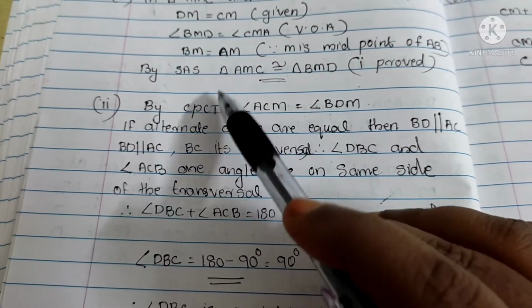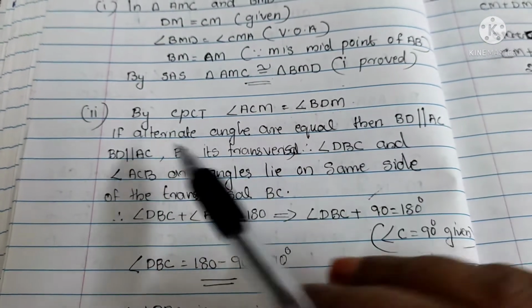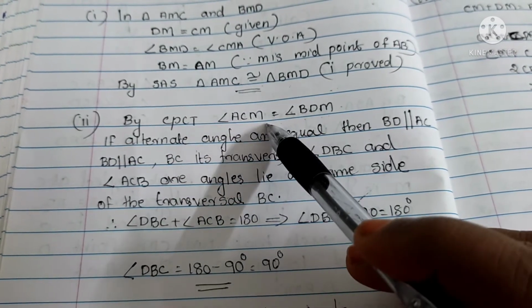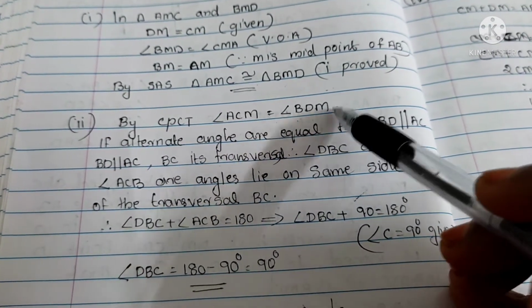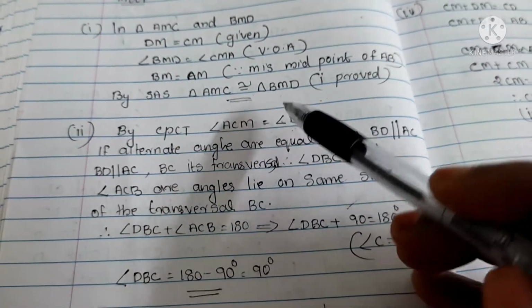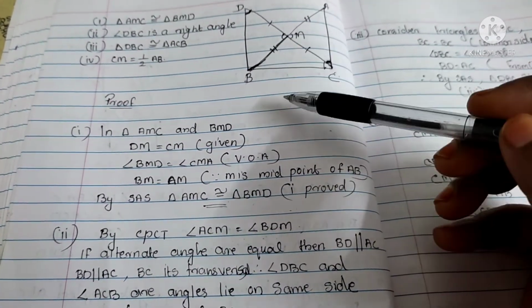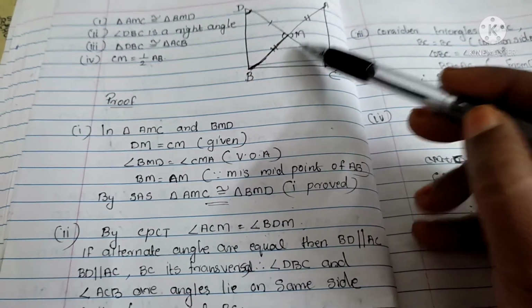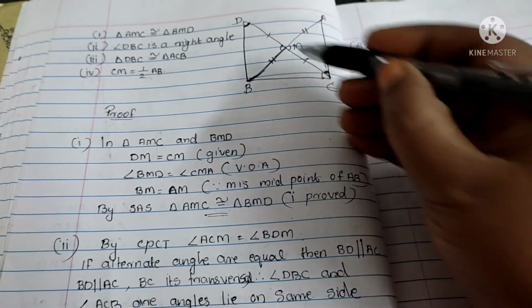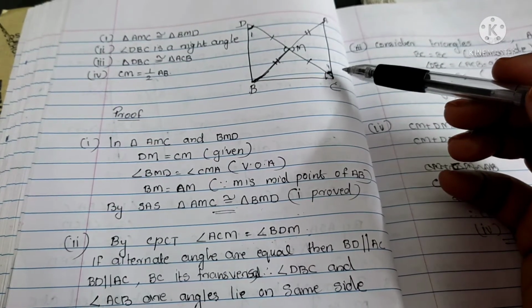We already proved that triangle AMC is congruent to triangle BMD. By CPCT, angle ACM is equal to angle BDM. That is, these two angles are equal. Which type of angle is this?